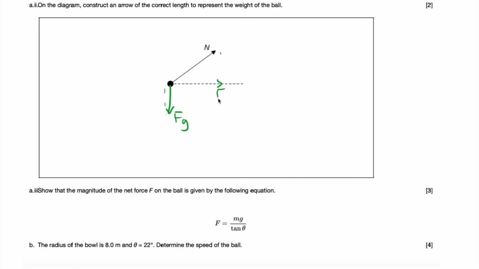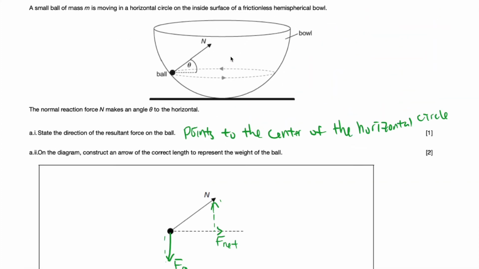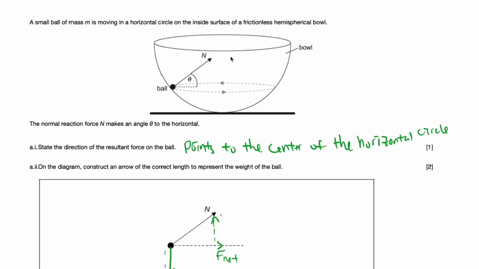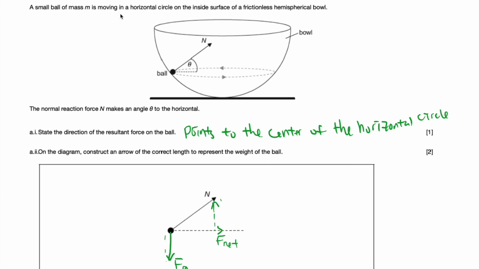So this direction is the net force, and this is gravity, and here we will have an upward force, right? Because the ball is moving on a horizontal circle, the resultant force here is F net.